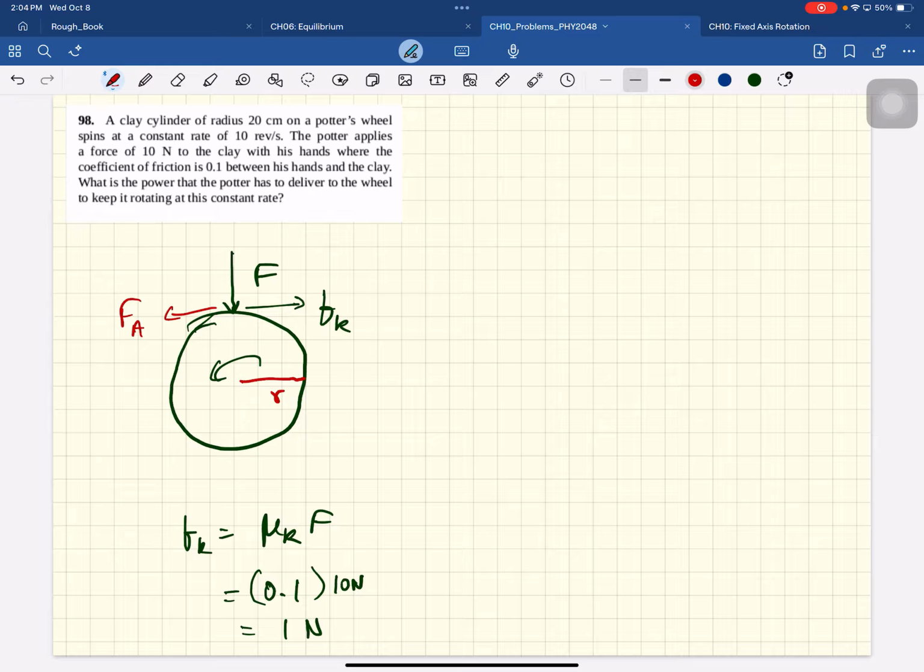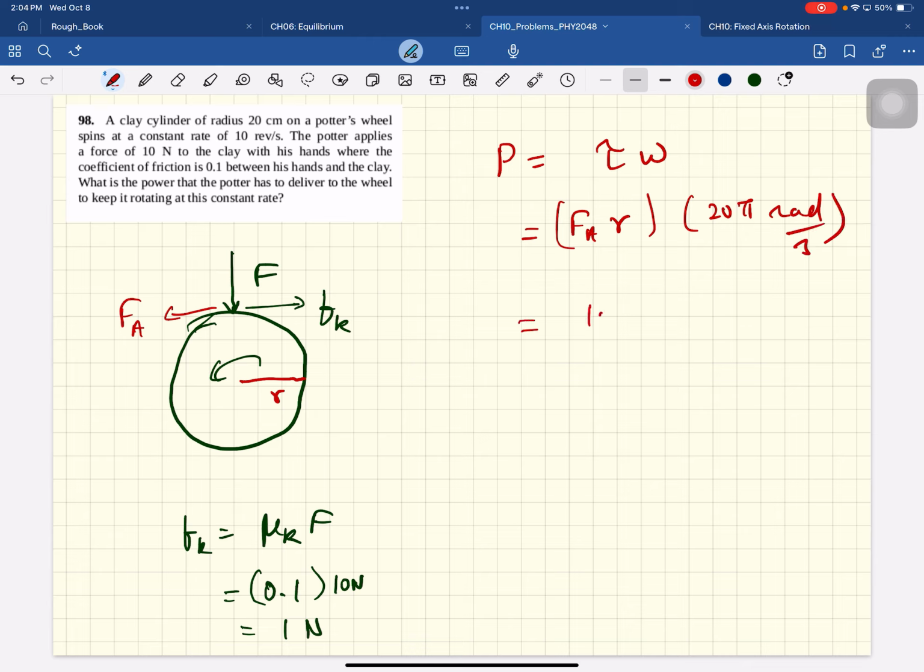The radius is 20 centimeters. So power is torque times omega, and torque is applied force times R, and omega is 10 revolutions per second, so 20 pi radians per second.